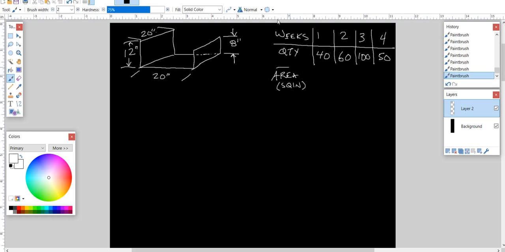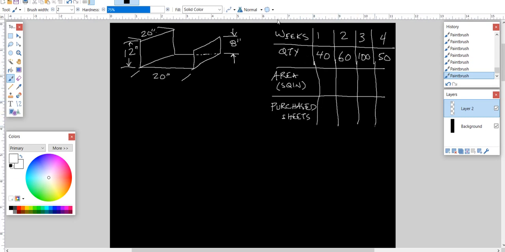So this is going to be how much is consumed, and then down here we're going to have purchased. And that's going to be in sheets. Okay, so how do we do this? Well, first we need to figure out the area of 40 of these things.